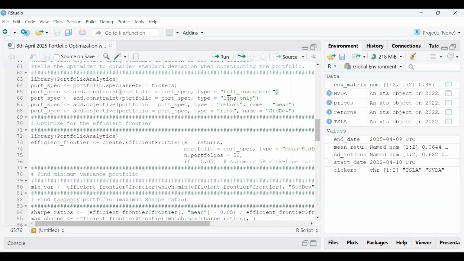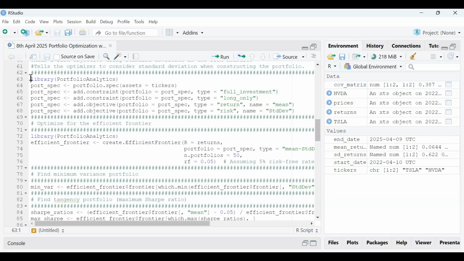So by long position, that means I have purchased the stocks with the expectation that their value is going to increase over time. Then I do add this constraint that I am using the mean returns, and then this constraint also says I'm using the standard deviation as my risk.